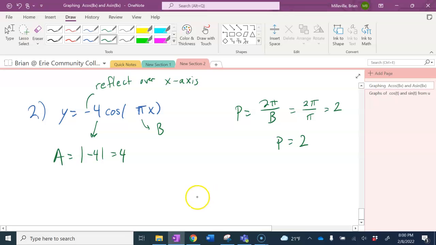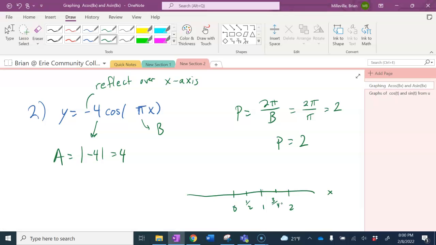Okay, so again, thinking about just on the x-axis here, always starting at 0, we're going to go out to 2 this time, cut that in half, we're at 1, cut that in half again, we're going to be at 1/2. 3/4 of the way down is just exactly 3/2 for this particular function.